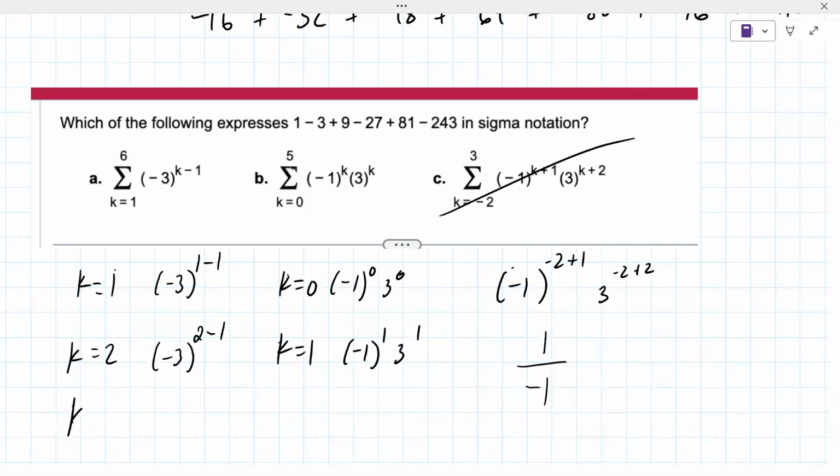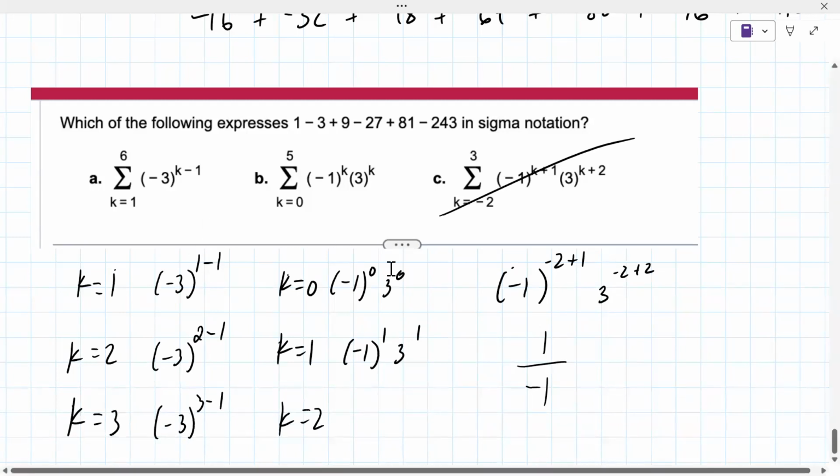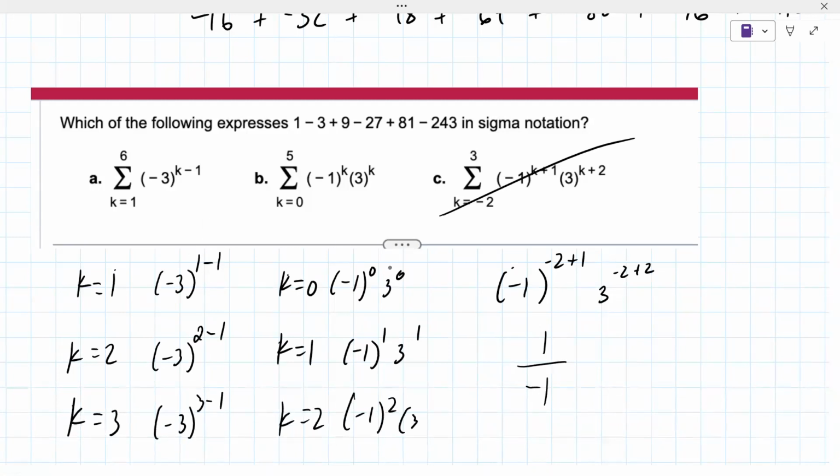So we keep going here. -3 to the 3 minus 1 power. It'd be 9. Okay. And then -1 squared, 3 squared. 9. All right. Okay.